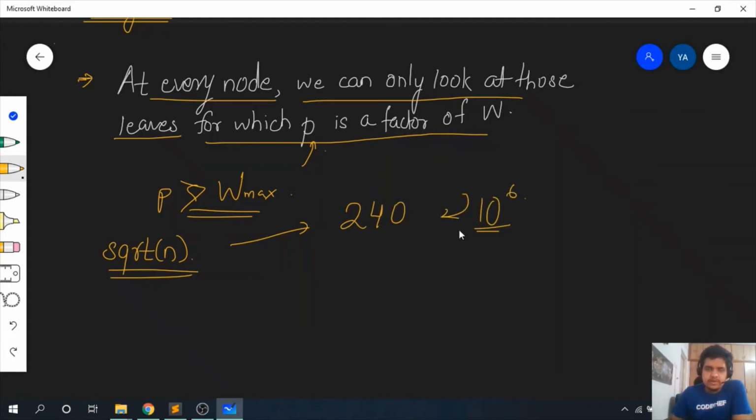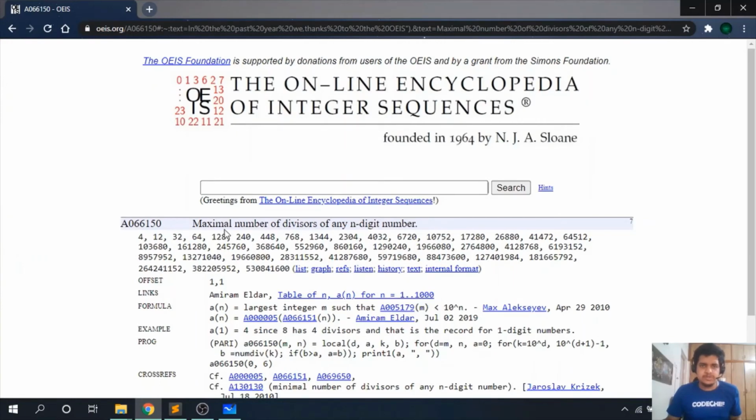This is a very good observation, and I will show you a series on OEIS which helps us do this. This is the series on OEIS where we get the maximal number of divisors for any n digit number. And for 10^6, the answer is 240. So there are at most 240 divisors for numbers less than or equal to 10^6.